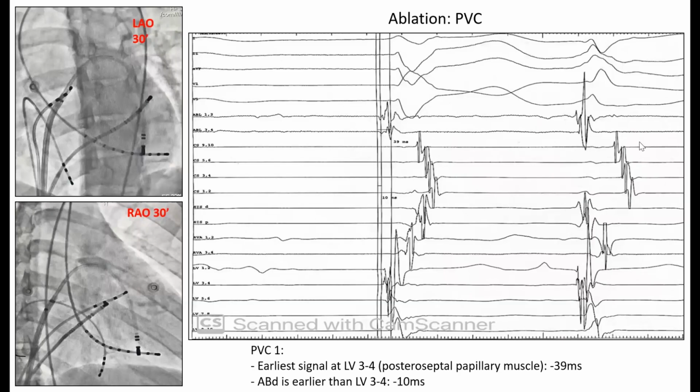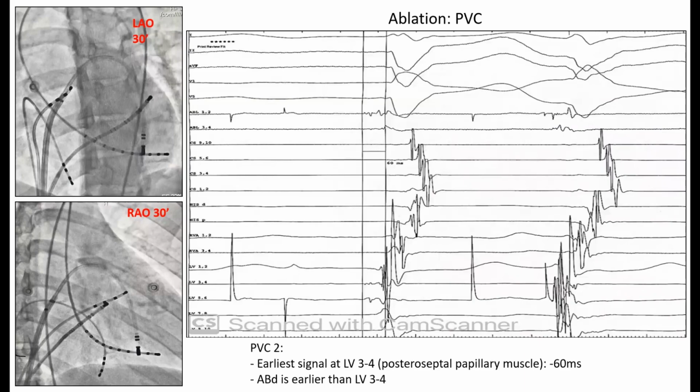The axes are completely different, right? But you have a very small fragmented far-field, Purkinje-like potential. One comment I have about this ablation PVC, where you drew the line, the initial deflection is Q, not R. Second, proximal is earlier than distal. Okay, let's go next.